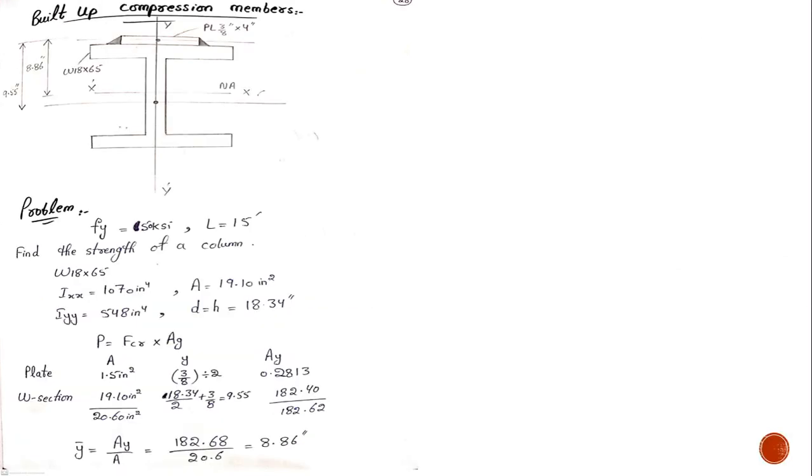Today's numerical is based on a compression member, but this compression member is a built-up member. Built-up members are members or sections that are built on demand. Sometimes the sections that are available in industry, for example, C section, channel, or W sections, are inadequate and don't fulfill your demand.